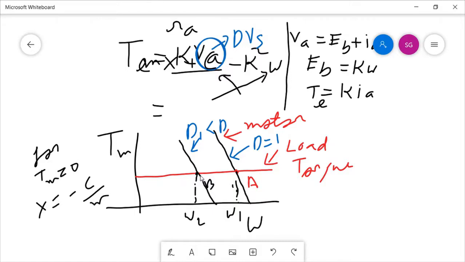Decoupling means if we control the current in the field winding, there is no effect in the armature winding, and if we control the armature winding current, then there is no effect on the field winding current. So there is a decoupling in DC motor. That's why we can easily shift this characteristic.